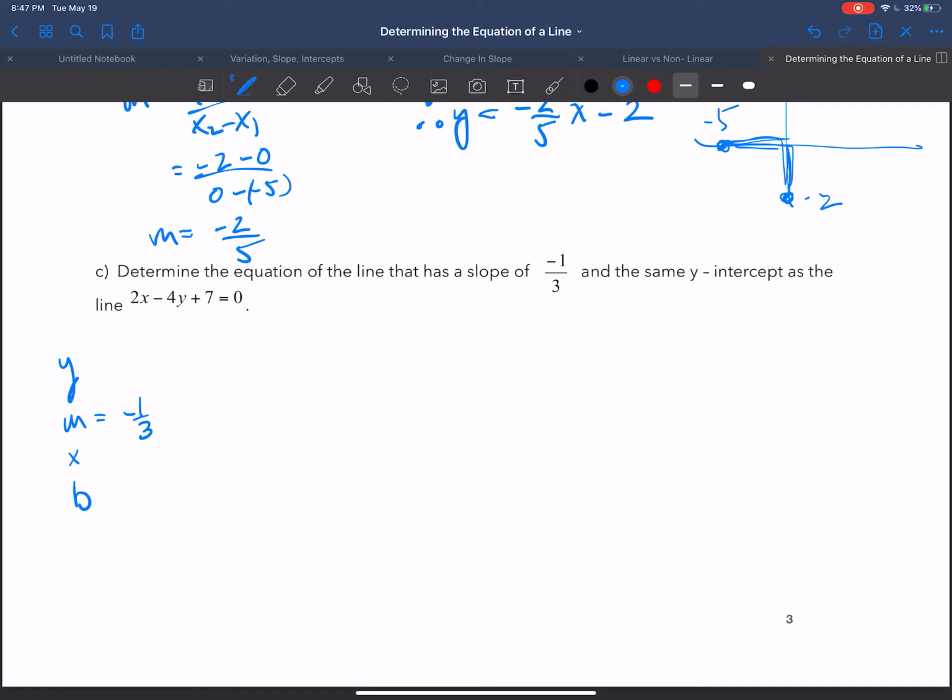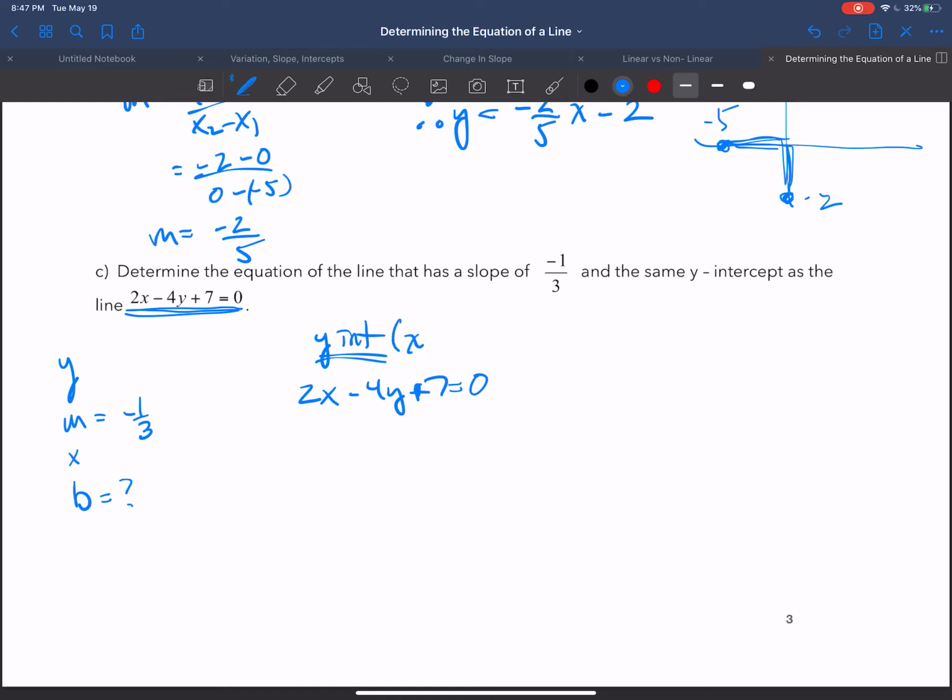Now, they gave us a different line and just said we're going to have the same y-intercept as that line. So that's going to give us what our b is. So if we find the y-intercept from 2x minus 4y plus 7 equals 0, then we'll know what the y-intercept is for the line that we want to make.